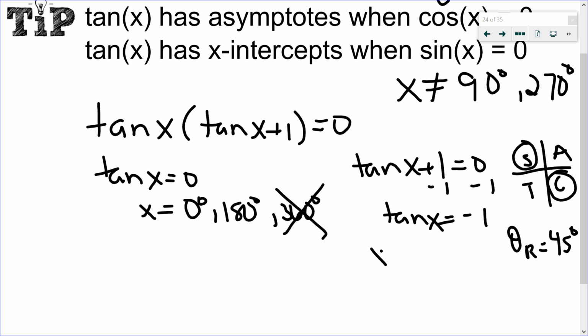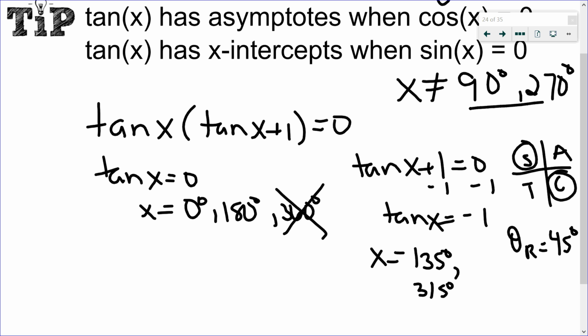In quadrant 2, that will be 180 minus 45, which is 135. In quadrant 4, it will be 360 minus 45, which is 315 degrees.